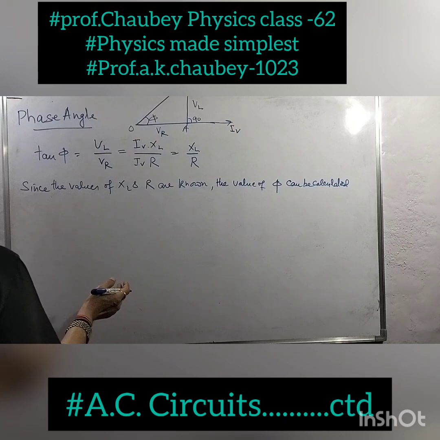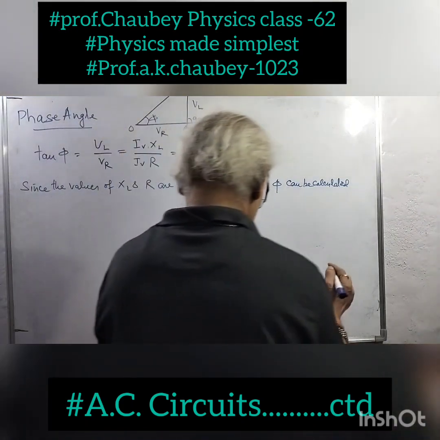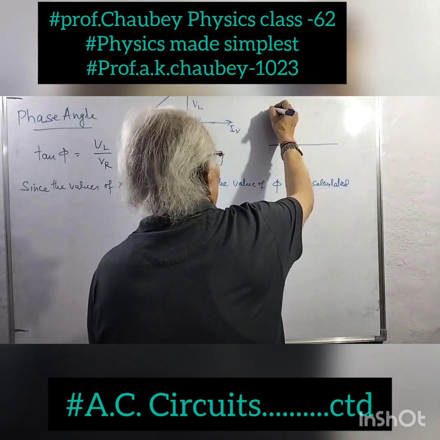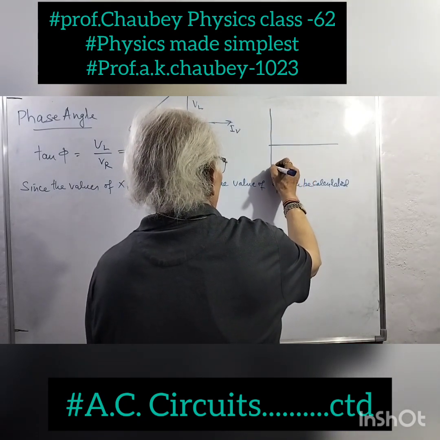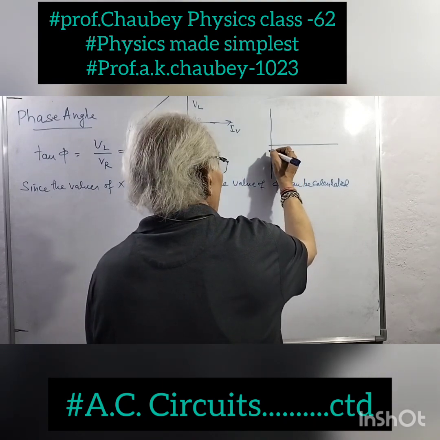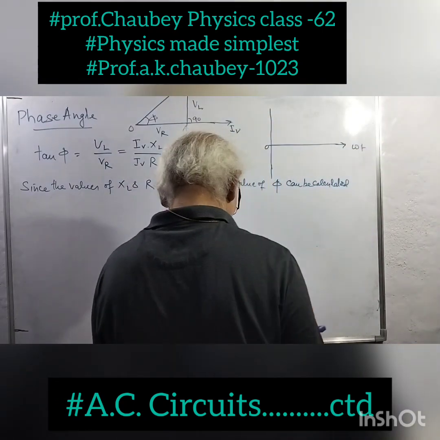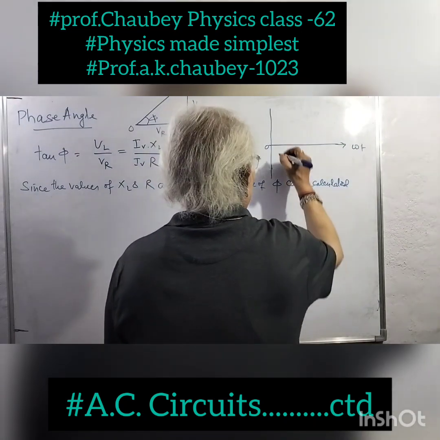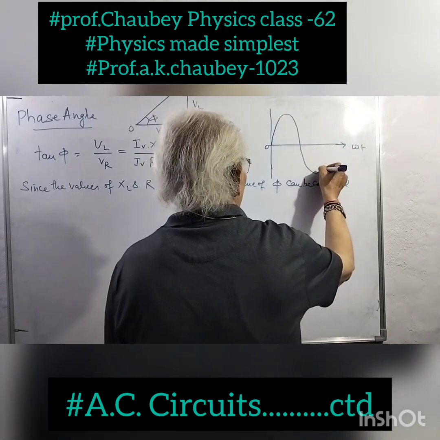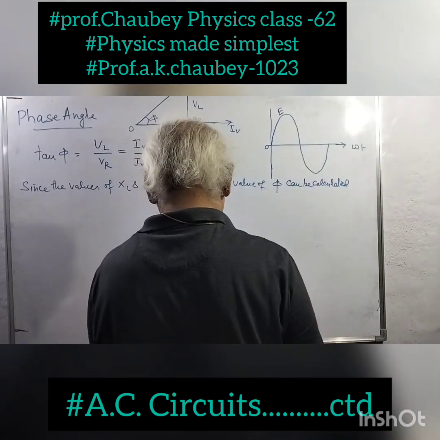The wave diagram shown in the figure, we can represent the wave diagram here. This is 0, this is omega t. And here we have E, which is changing like this.